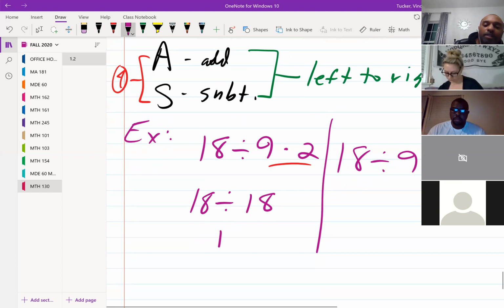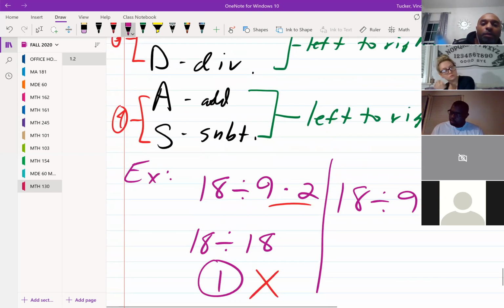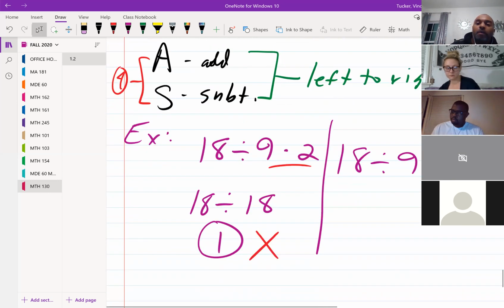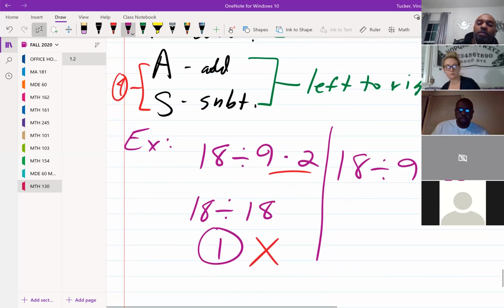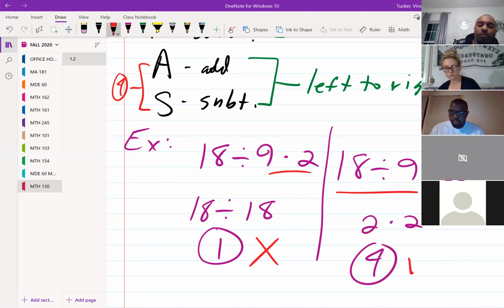I did that to make sure we understand that just because you get a solid number does not mean you have the correct answer. What we're supposed to do is multiplication and division from left to right. In our problem, we would do the division first: 18 divided by 9, which is 2. Then 2 times 2 is 4. That will be your correct answer.